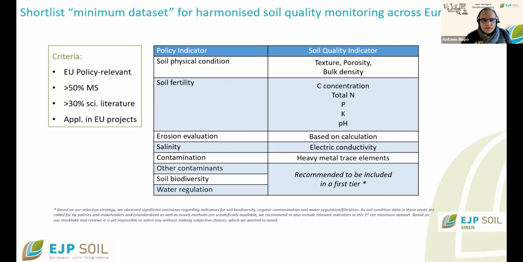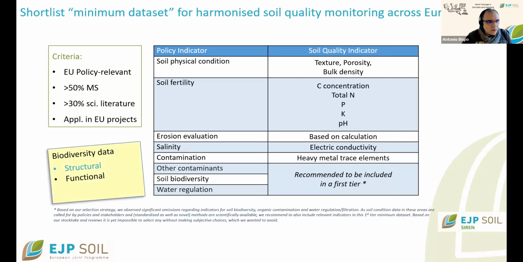And so we recommend to include indicators dealing with organic contamination, soil biodiversity, and water regulation. We recommend to include that in a first year, plus the other ones that are more or less already used in the countries. And for biodiversity, we recommend also to collect data on structural and functional biodiversity.